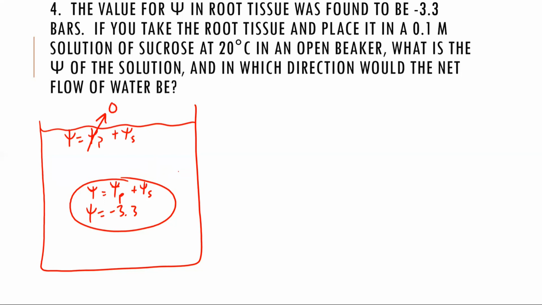Again, that's the part where we need to know the solute potential. So -iCRT over here is negative, and this is sucrose, so i is 1. I don't know what C is, right? That's the whole deal. Oh, do I know what C is? Yes, I do. It is 0.1 molar. Then we have our R, which is 0.0831.